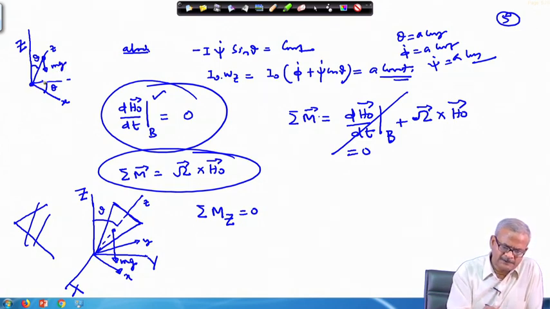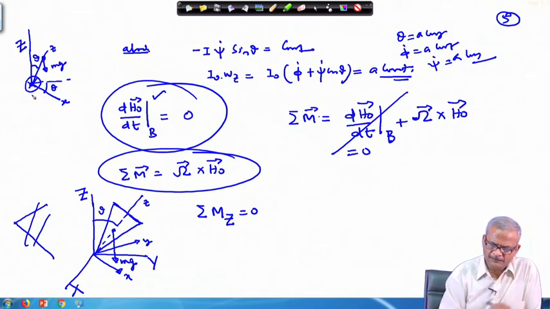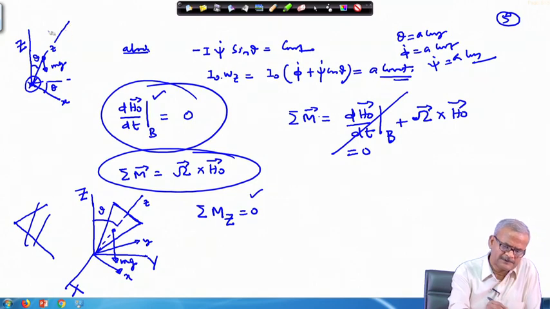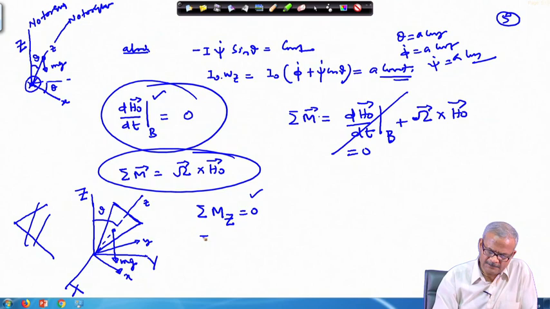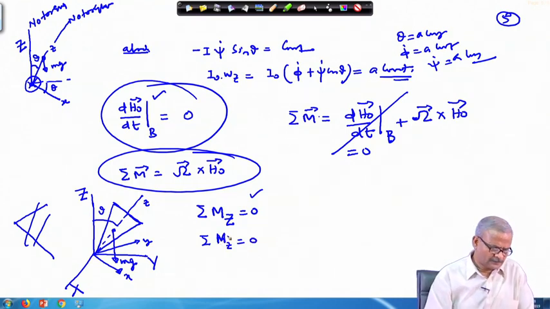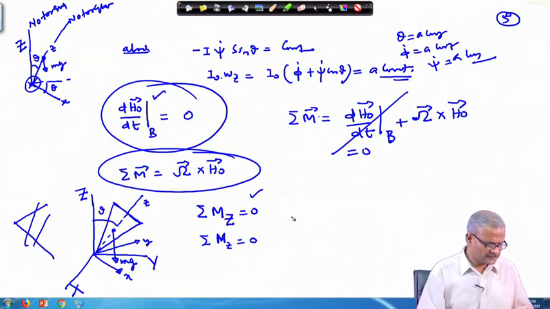This torque will be directed along the y axis, which is going inside the plane of the paper. So, this quantity is 0. Similarly, we do not have torque along this axis, along this axis also no torque. So, the torque is acting along the y axis. So, E m small z, this quantity also is 0, and you can solve for this.